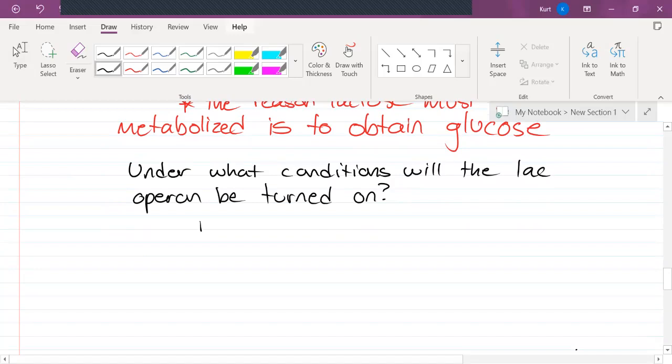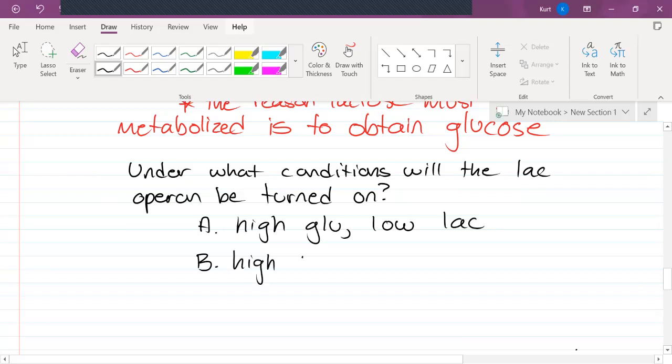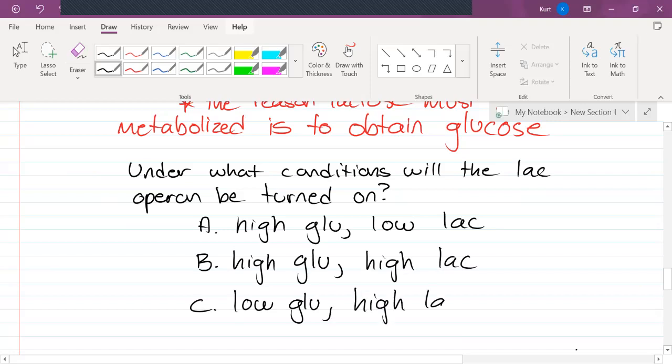Here it is. Option A, high glucose, low lactose. B, high glucose, high lactose. C, low glucose, high lactose. D, low glucose, low lactose.